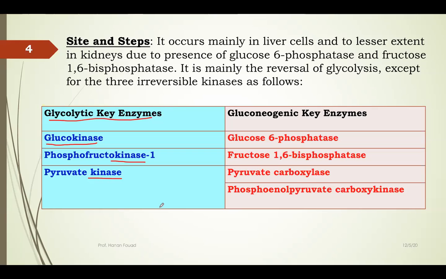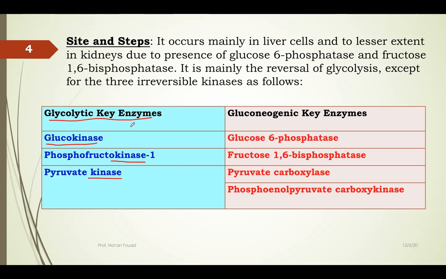By going in the reverse direction, in the opposite direction, if we start from pyruvic and then go the opposite direction to return back to the first enzyme, we can synthesize glucose from pyruvic. Also, we can synthesize glucose from any intermediate compounds of glycolysis. If we have any intermediate molecules inside the middle steps of glycolysis, we can reverse glycolysis and synthesize glucose.